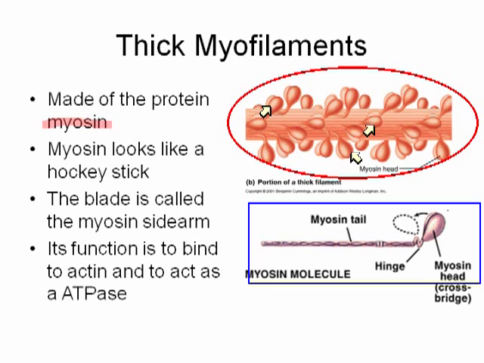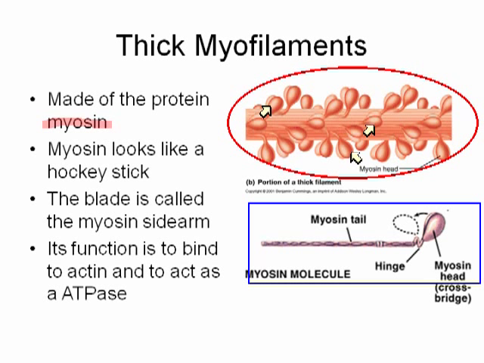We're going to learn more about this interaction in a couple of minutes. But for right now, know the structure. So within thick myofilaments, the key protein is myosin. It's got these extensions coming off of it, which are known as the myosin sidearm, or the myosin head, which is connected to the myosin tail.